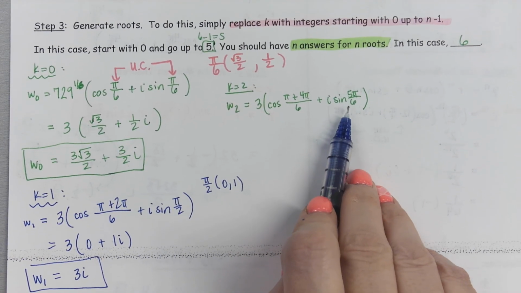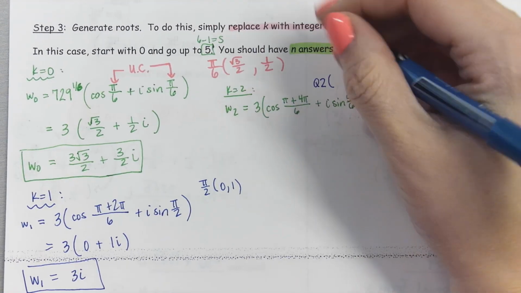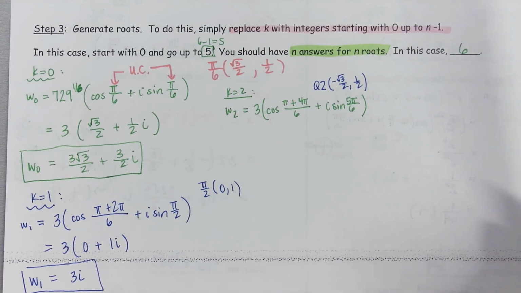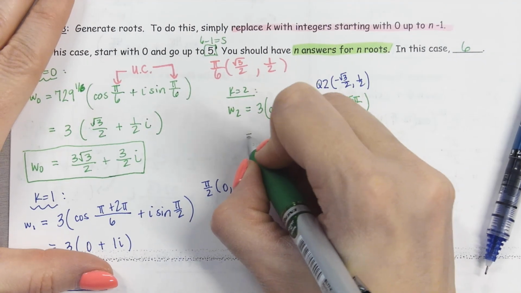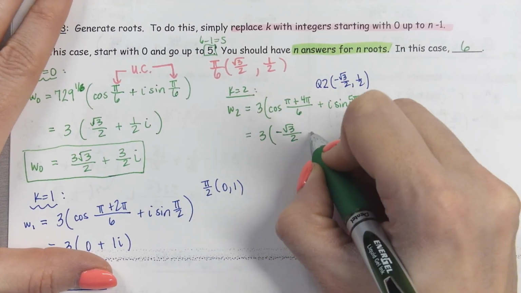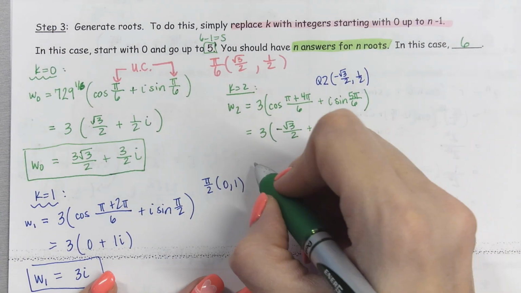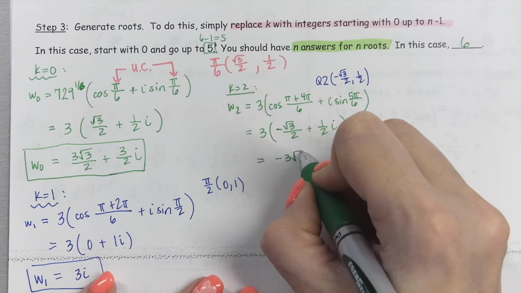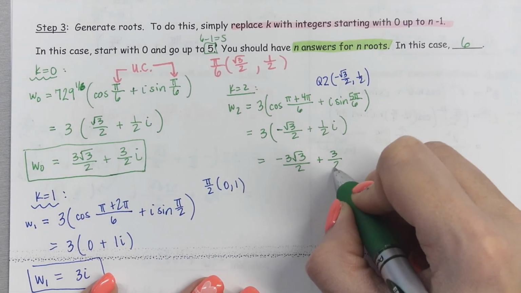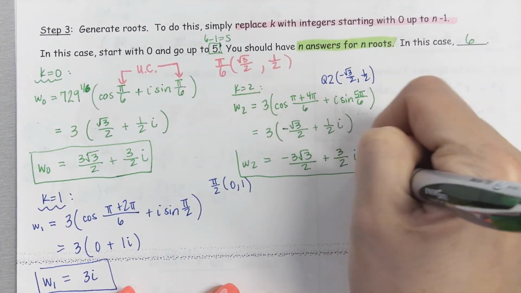Okay, and then 5 pi over 6 is in what quadrant? 2. So if it's in quadrant 2, you have a negative root 3 over 2, a positive 1/2. That's what we're going to substitute in. Okay, so at 5 pi over 6, your cosine is negative root 3 over 2 plus 1/2 i. And then don't forget to distribute here. Sometimes I forget that second part.